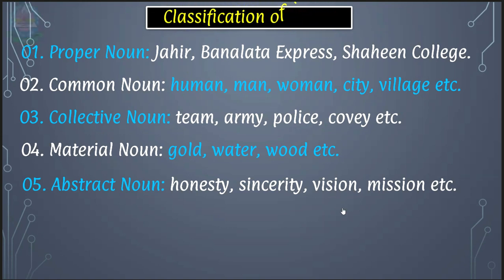And the collective noun. When we pronounce one noun or one word, but it means a group of people or things, it is called a collective noun. For example, if you say cricket team, it means the players who play cricket.